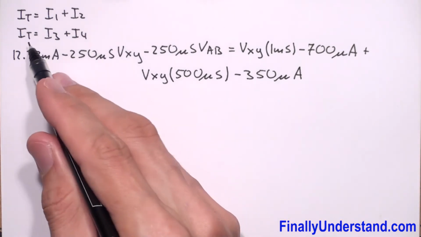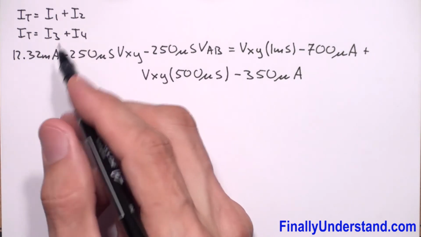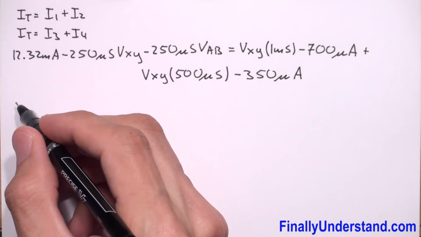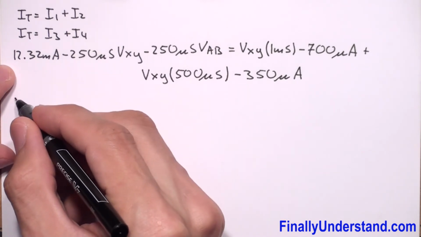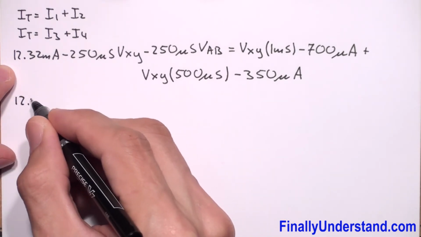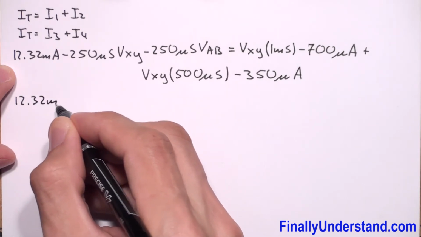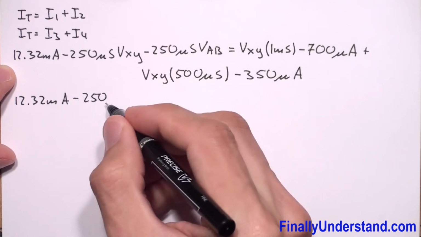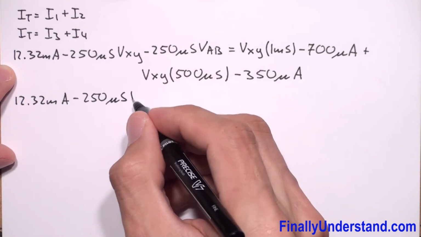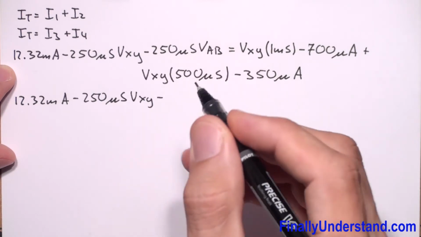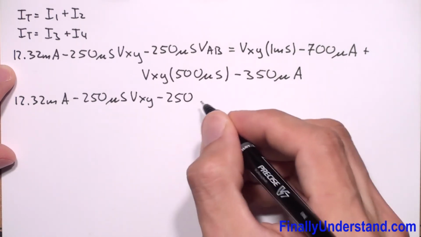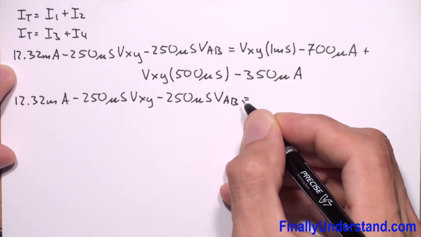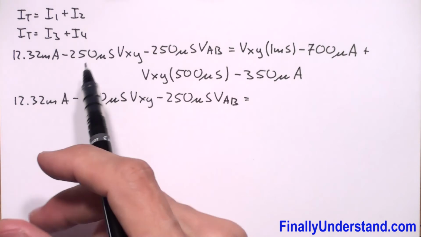Next, I'm supposed to plug in the numbers into the second equation. So I have I total, again I'm supposed to copy this down. So I have 12.32 milliamps minus 250 microsiemens VXY minus 250 microsiemens VAB is equal I3.